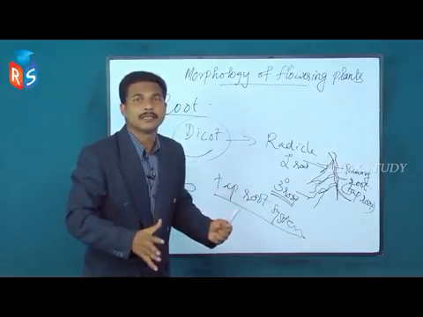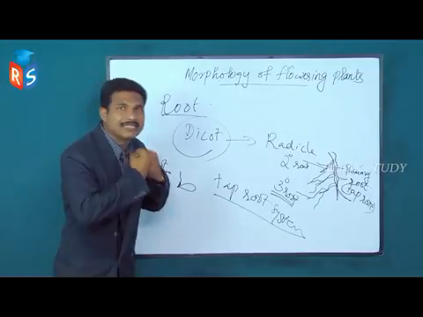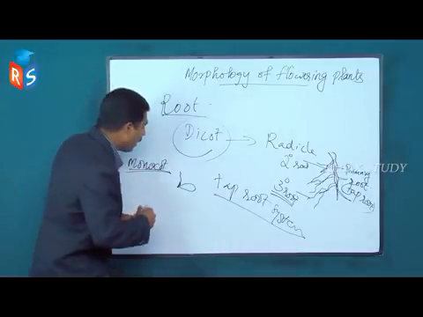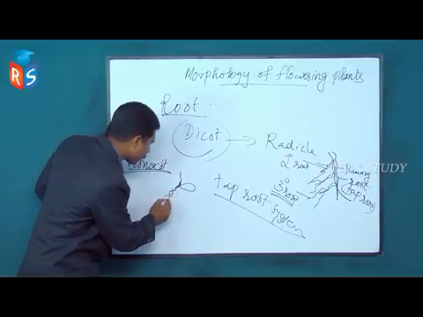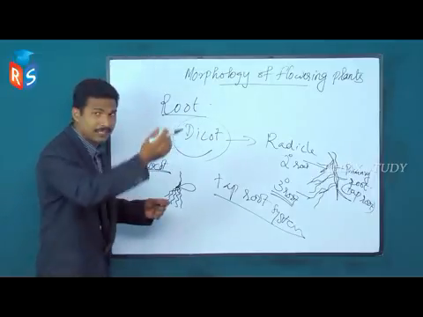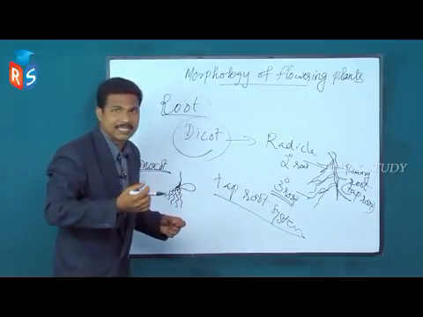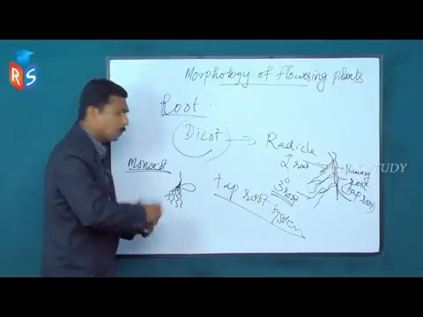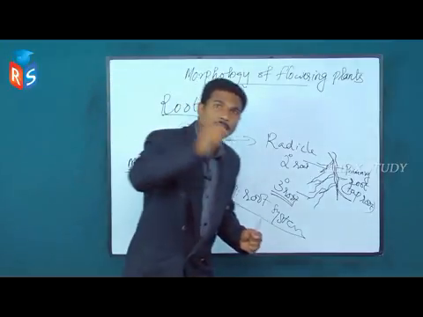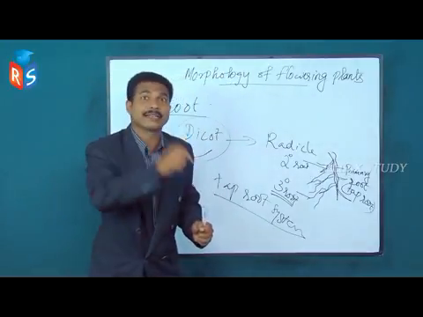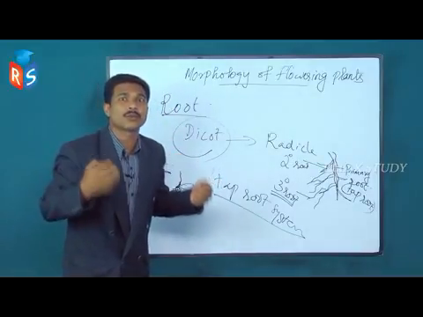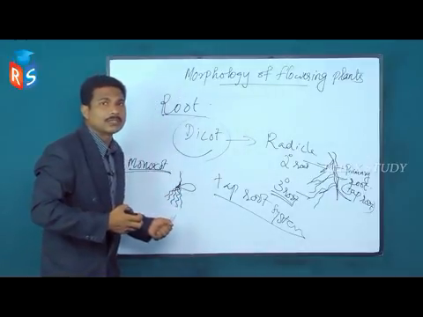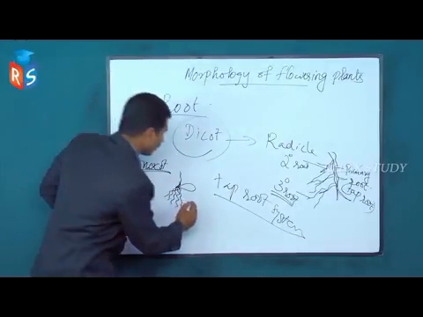It is disintegrated, and after that, from the same point some more small fibrous, filament-like roots are developed. So a number of roots are developed from the point from which the radicle root arose. From that common point itself, many small branches of fine roots are developed. These roots are known as fibrous roots.